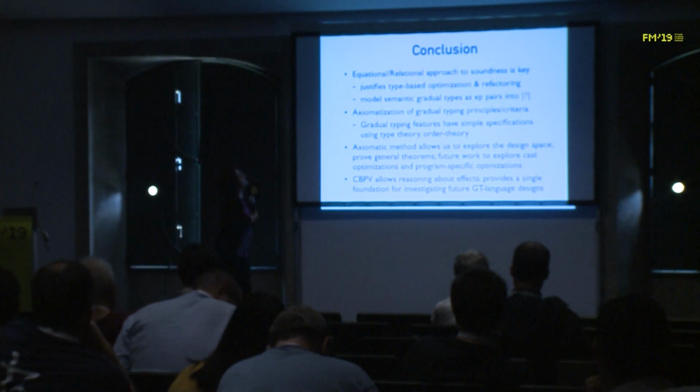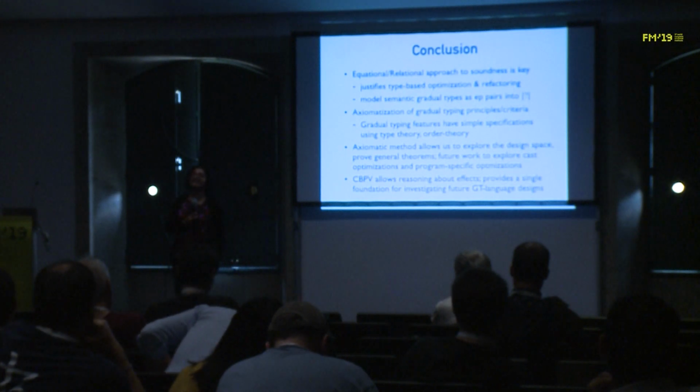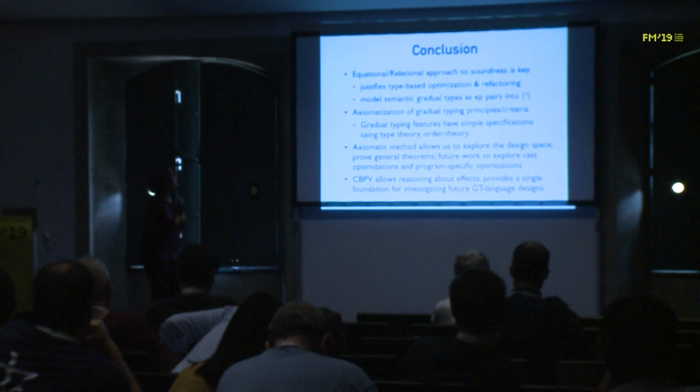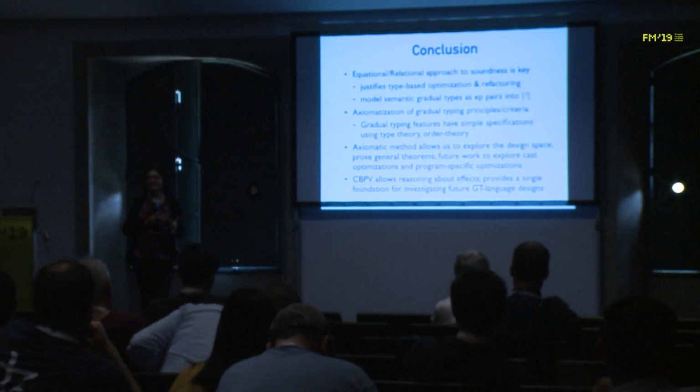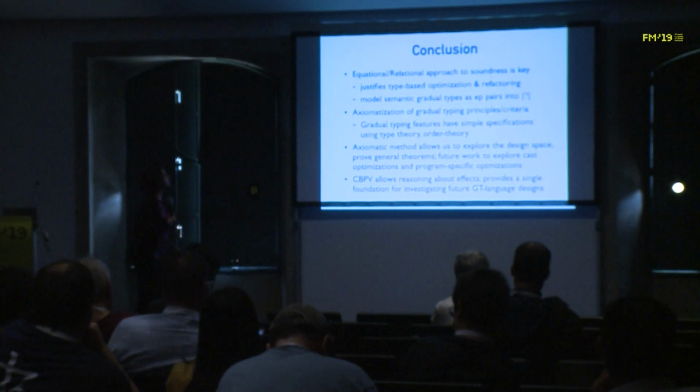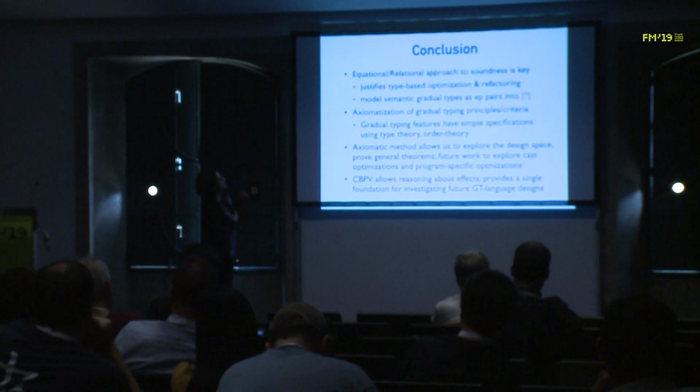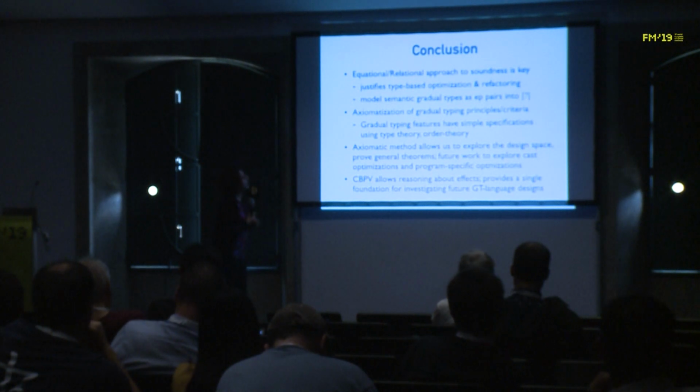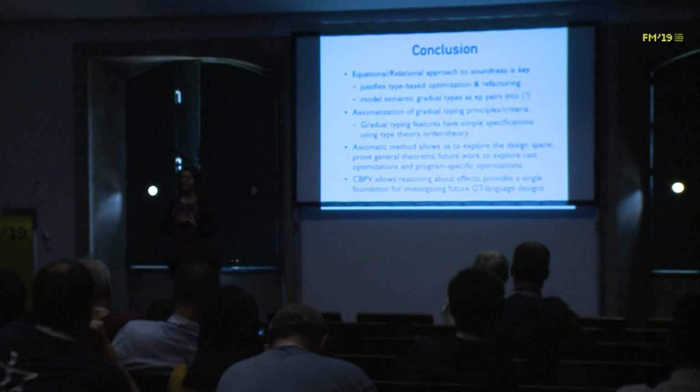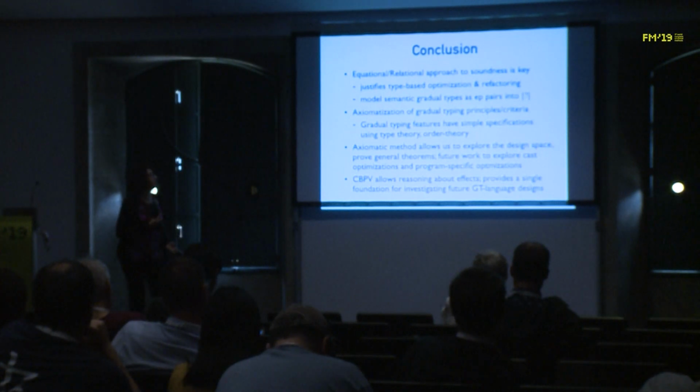The key thing to take away from this talk is that the equational or relational approach is key to type soundness, and what it gives you is that it justifies type-based optimizations and refactoring. The main idea at the heart of all of this work was how to model semantic gradual types as EP pairs into the dynamic type.